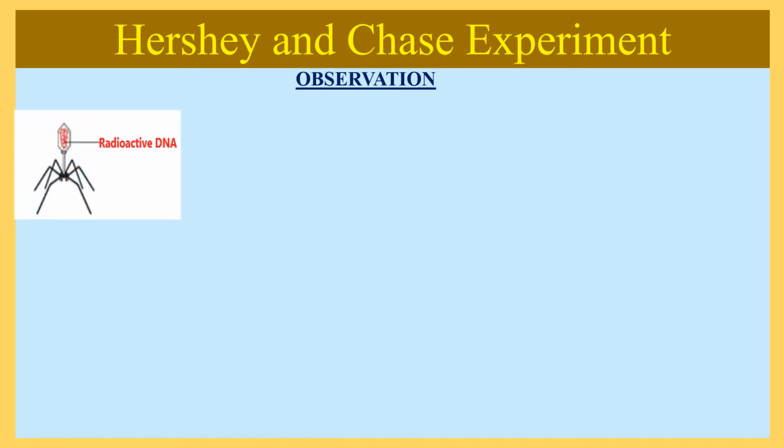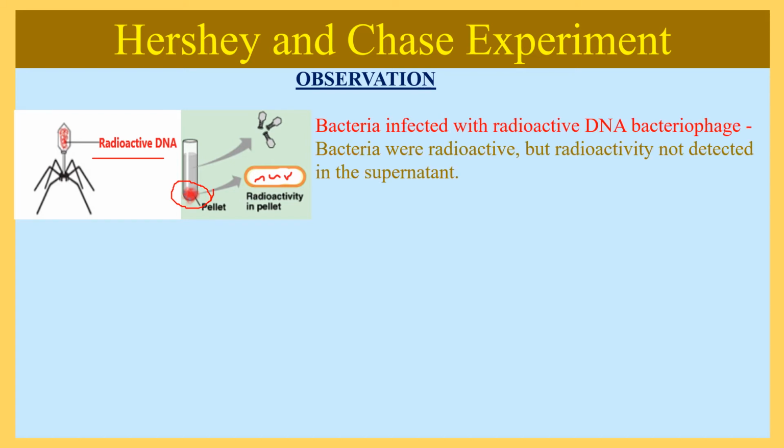Observation. In the first setup, the radioactive DNA containing bacteriophages were allowed to infect the E. coli bacteria, where after centrifugation the deposit is radioactive. The supernatant is not radioactive. As I have told, in the centrifugation process, heavy or high density molecules deposit at the base, and low density particles float in the upper region.